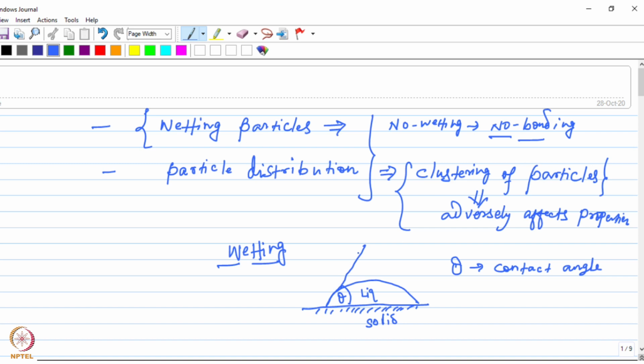And what will decide the contact angle? The contact angle will be decided by the surface energies. The solid liquid surface energy, the liquid vapor surface energy, and the solid vapor surface energy. So if you take a balance of forces, you can derive the contact angle from that.